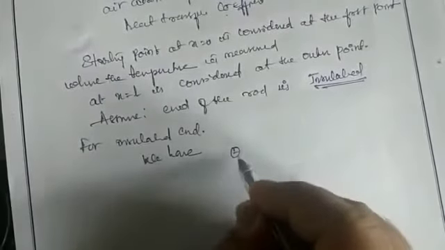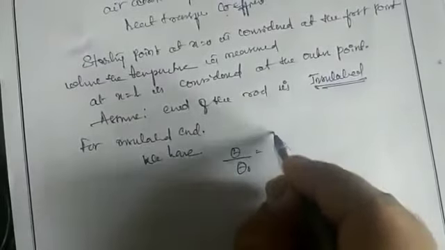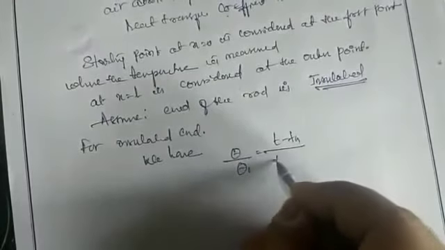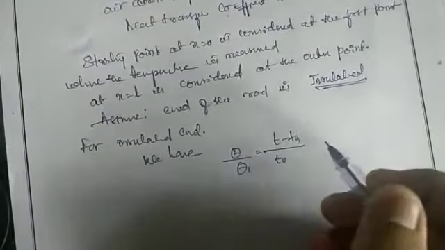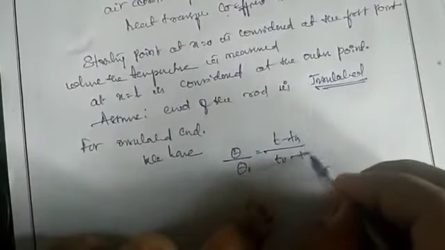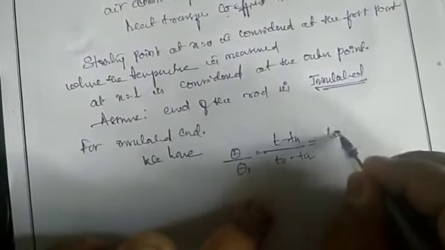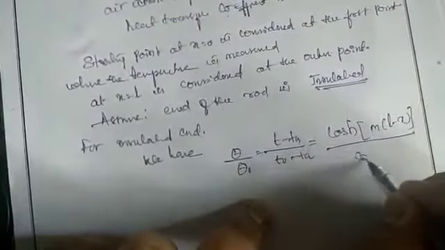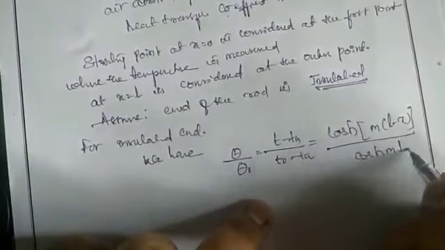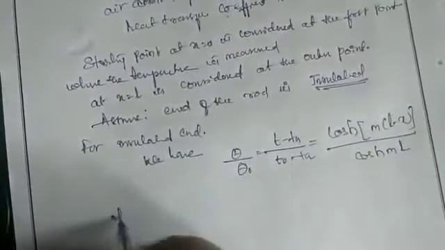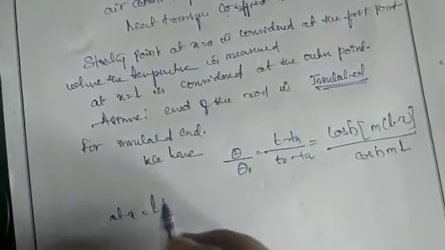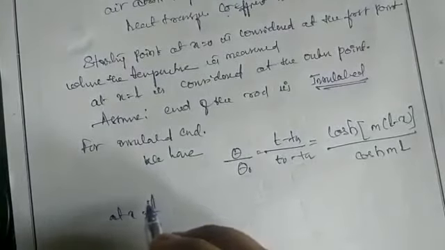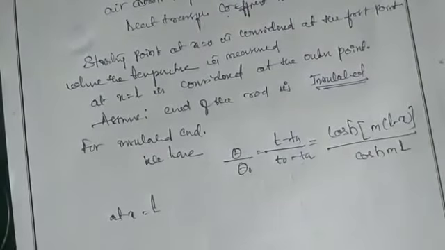That is theta by theta naught is equal to T minus T A divided by T naught minus T A is equal to cos hyperbolic m(L minus x) divided by cos hyperbolic mL. Okay, now at x is equal to L, what happened?